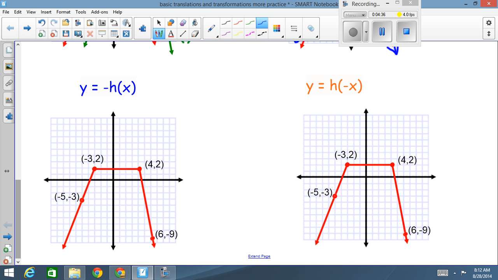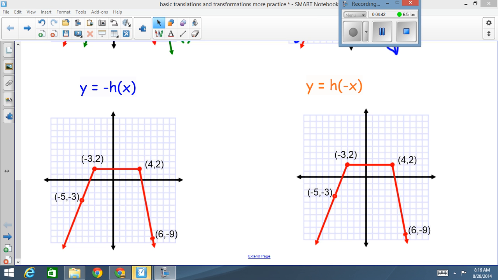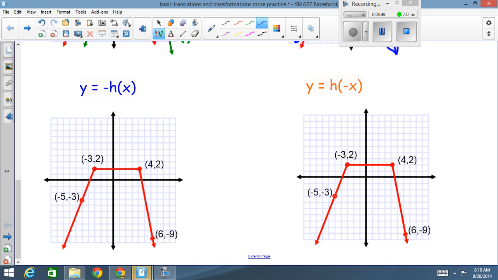Last couple here. So then we had our reflecting over the y, reflecting over the x. So when the negative sign is in front of the function, like in our first case, this is a flip of the x-axis.